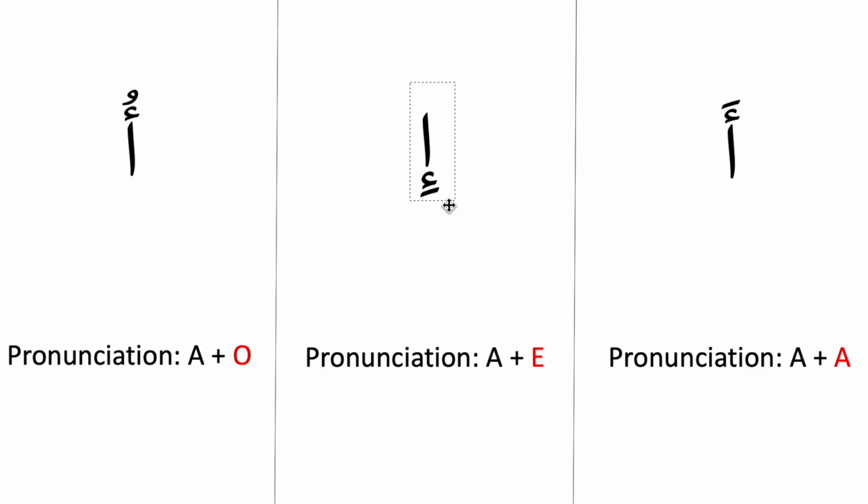Again, this is Alif, but has what underneath it? Yes, Kasra. With Kasra, you add E to the pronunciation of the letter. So Alif pronounced as A, but I add E because of the Kasra. So this was A, this is E. It's almost like you don't pronounce the A that strong.